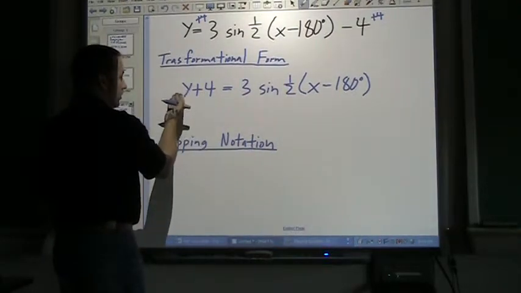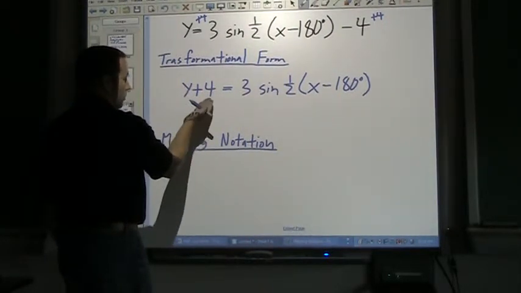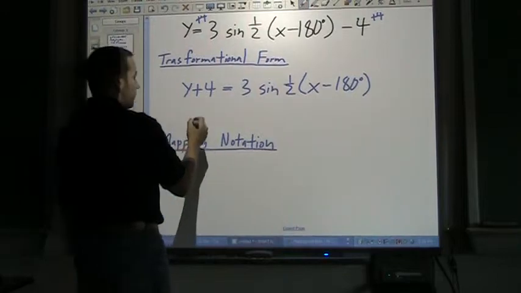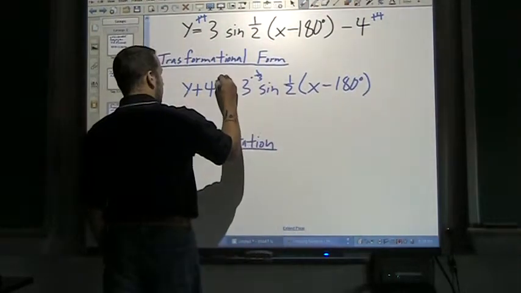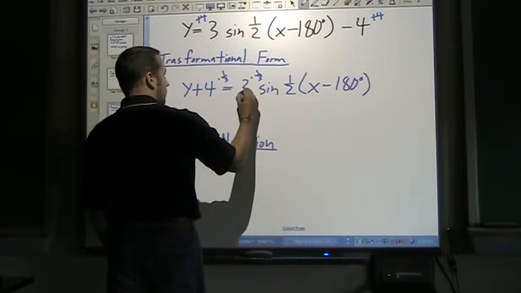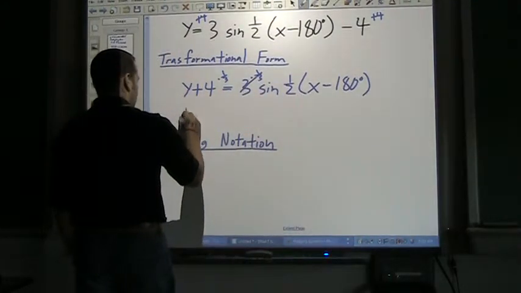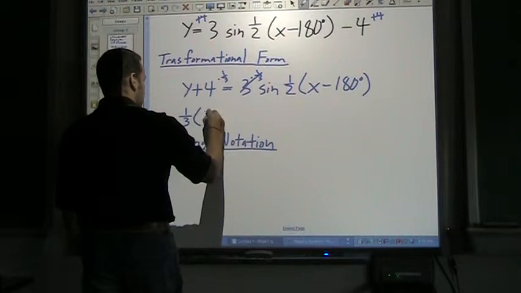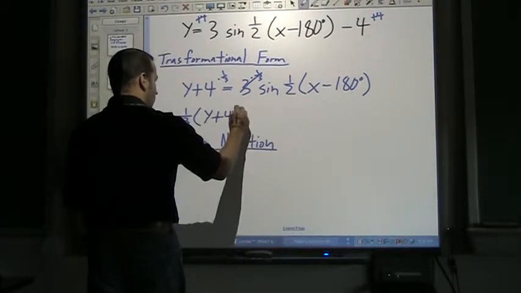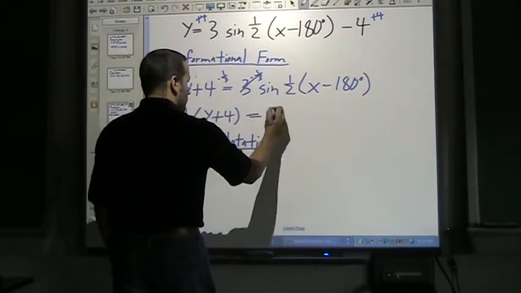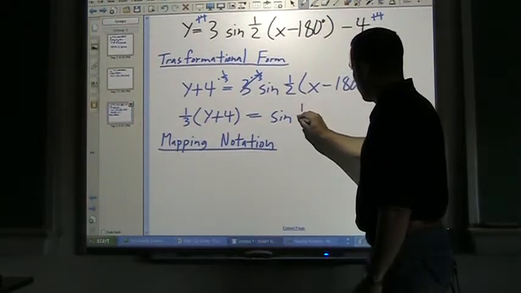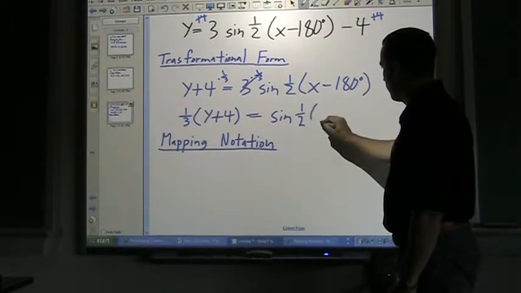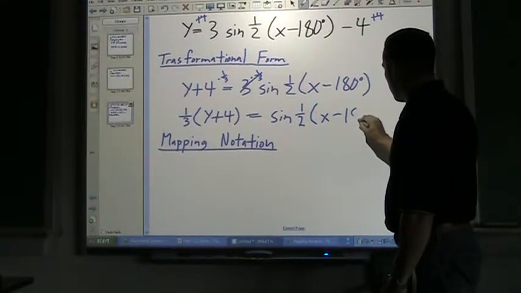Bringing the 3 over, I would be dividing the whole thing by 3 or multiplying by 1/3. So I multiply this whole thing by 1/3 and end up with 1/3 onto y plus 4 equals sine (1/2 x minus 180 degrees).